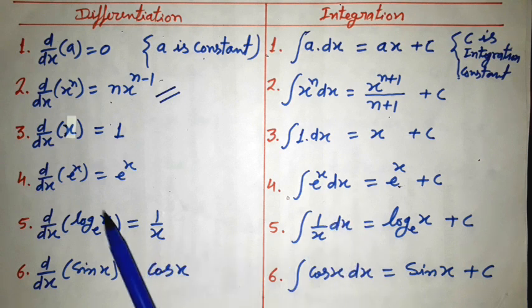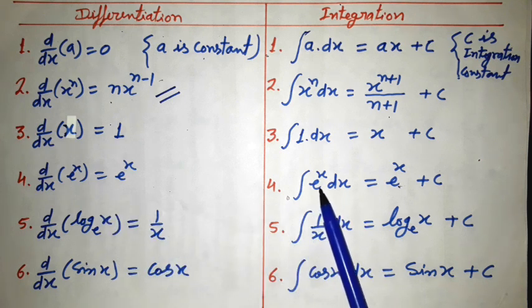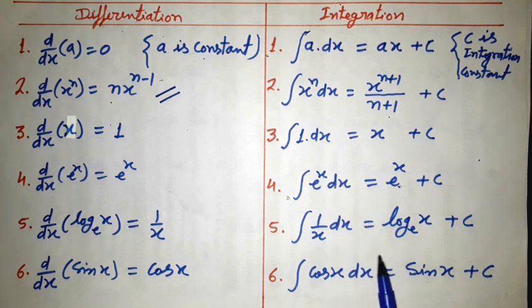Differentiation and integration are both similar for e to the power x. Now integration of 1 upon x is log x, and differentiation of log x is 1 upon x. Similarly, integration of cos x is sin x and differentiation of sin x is cos x.